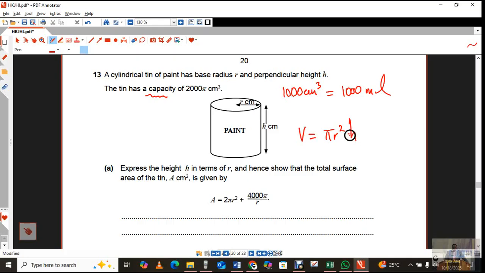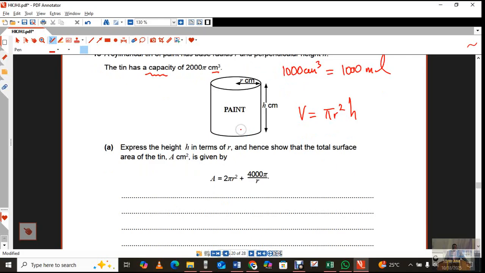Okay, we need to show that the area is given by 2 pi r squared plus 4000 pi upon r. Since everything is in cubic centimeters, which is the same as milliliters, there shouldn't be any problem considering what the volume is.